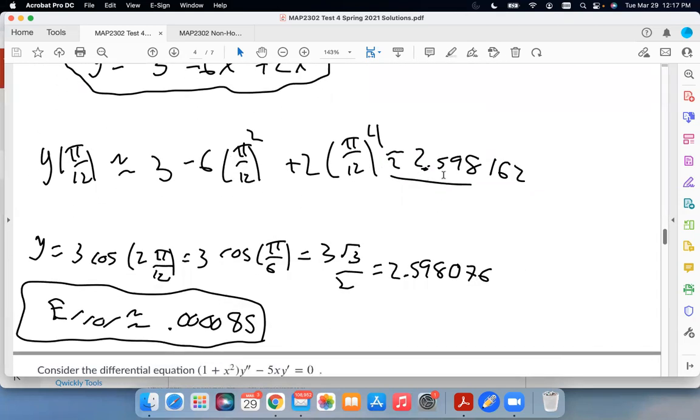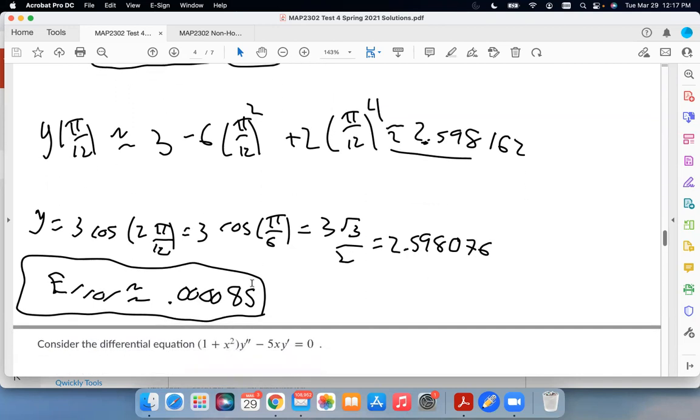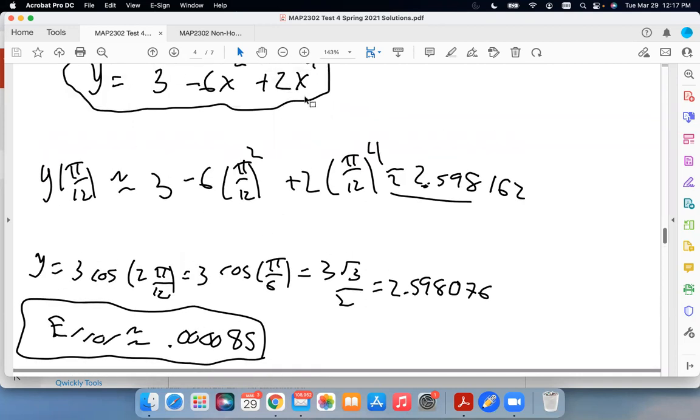If you plug in pi over 12 into that fourth degree polynomial, you get this number. If you plug it into the actual solution, you get 3 root 3 over 2. So my error, just the bigger minus the smaller, was really small. If we had kept a few more terms, the error would have been even smaller.